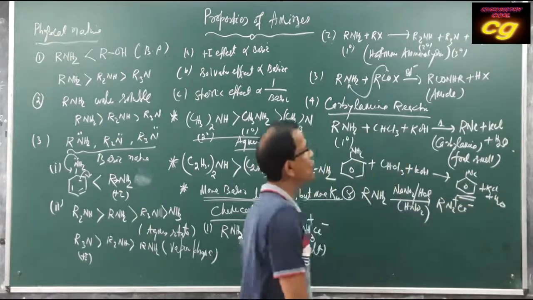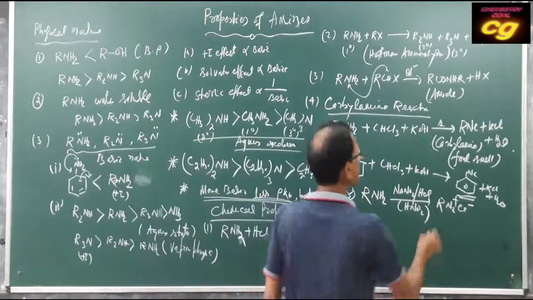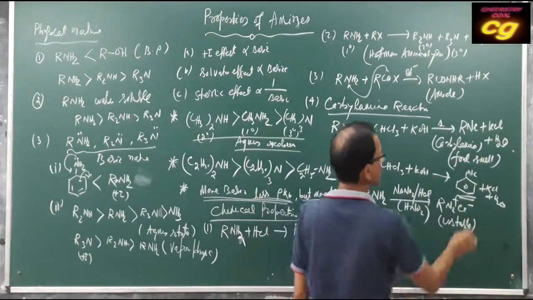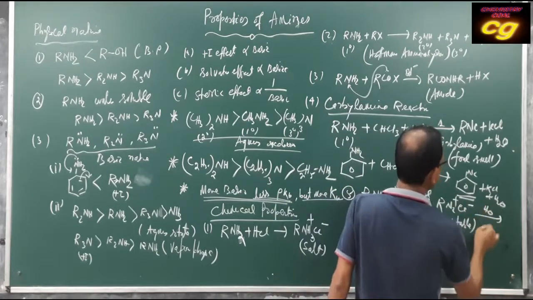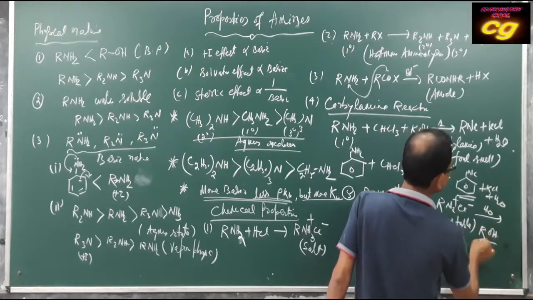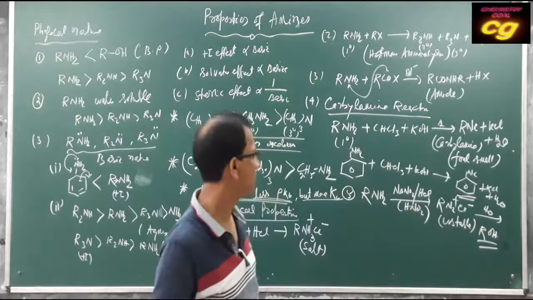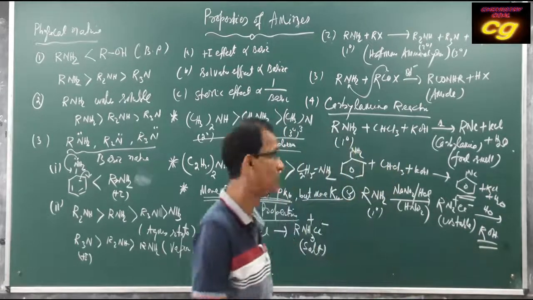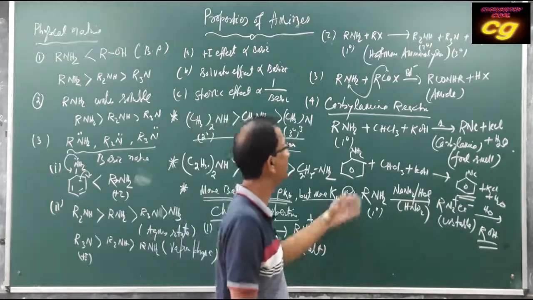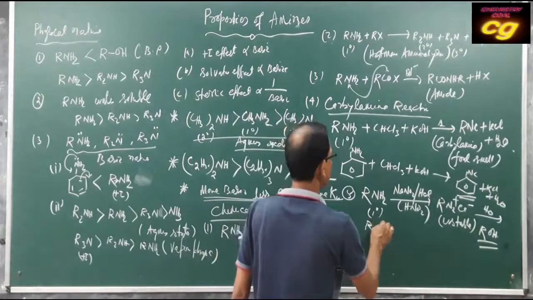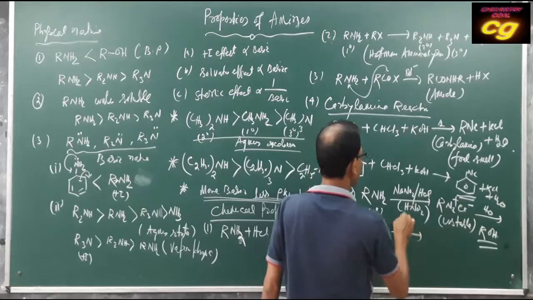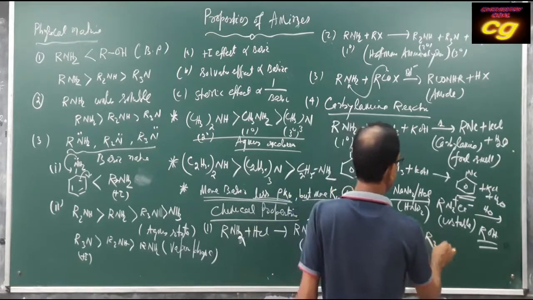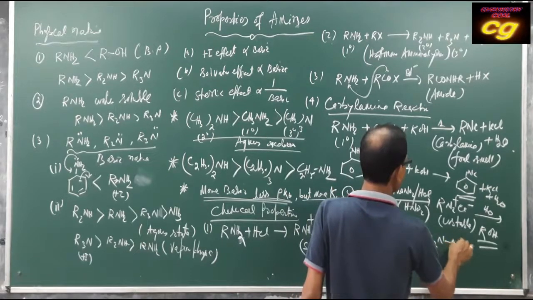But this RN2+ Cl minus is very unstable. It undergoes hydrolysis in presence of water forming alcohol. So very important, primary amines produce alcohol. But if you use secondary amine with the same nitrous acid, it will produce nitrosoamine.